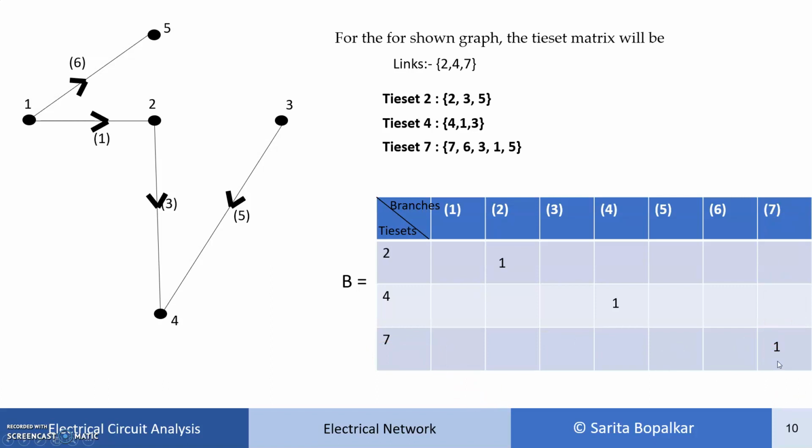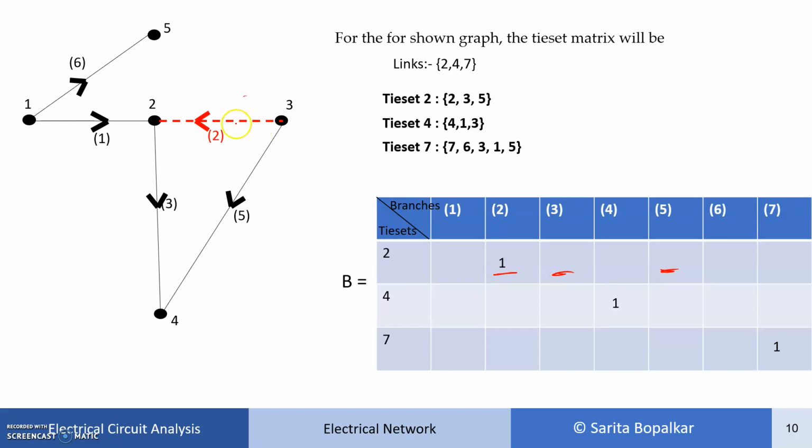Now we can go row wise, same as the loop matrix. Our first loop is formed by replacing link 2. That's why for this loop, branches 2, 3 and 5, not 7, will get element 1 or -1. Whether it is 1 or -1 depends upon whether the orientation coincides with our link orientation, that is branch 2.